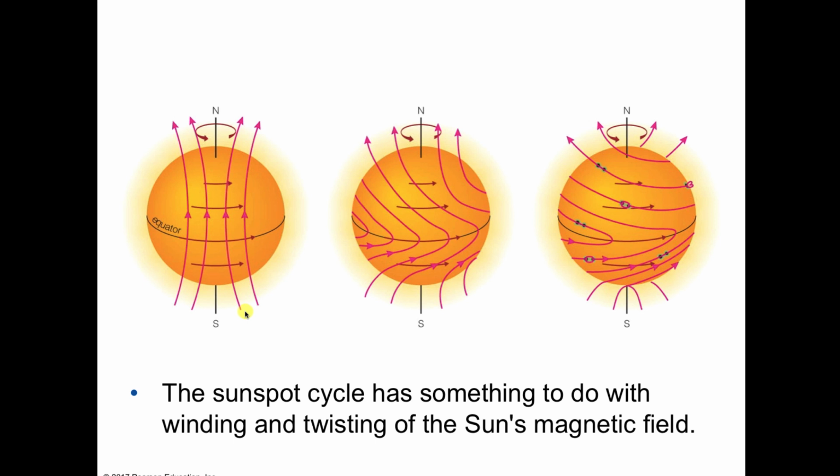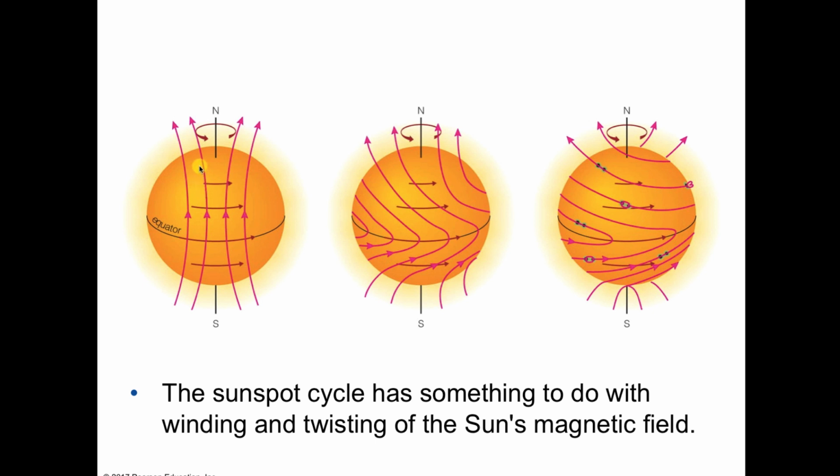So what about the magnetic field and how it might create these sunspots? Well, think about the fact that the sun is a ball of gas and it's rotating, actually rotating faster at the equator and slower at the poles. It's called differential rotation. So think about a ball of gas that has a magnetic field associated with it, and we can imagine magnetic field lines passing through the ball of gas.